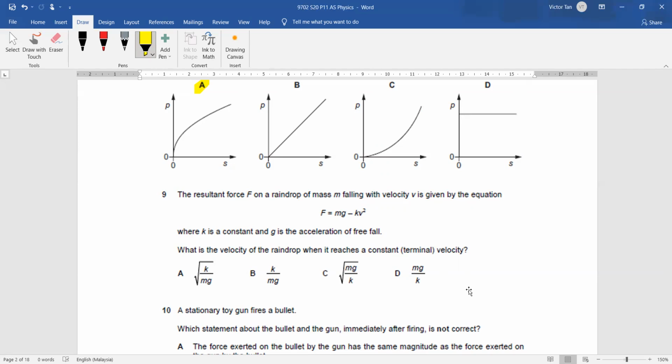Terminal velocity, what is the velocity? Okay, correct. So the velocity when F is 0, resultant force is 0. So mg equals to kv square. V equals square root of mg over k. Okay.